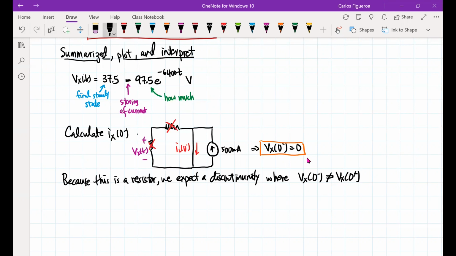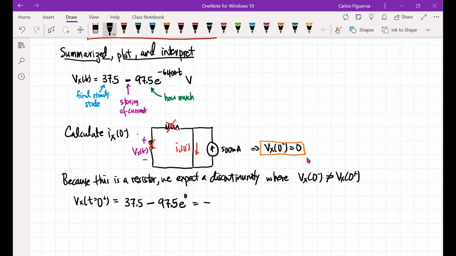So Vx at t equal to 0 plus means I have to use my solution here. This is going to be 37.5 minus 97.5, and this is e to the 0.